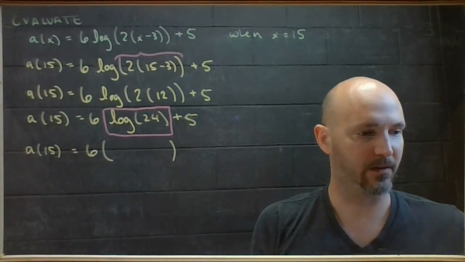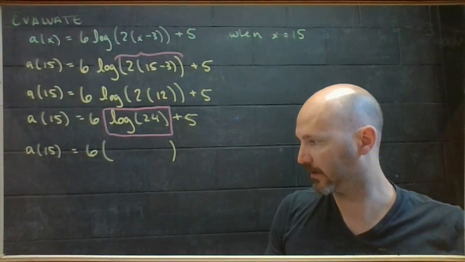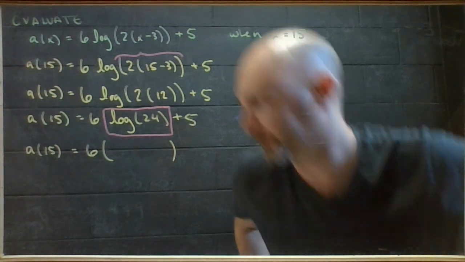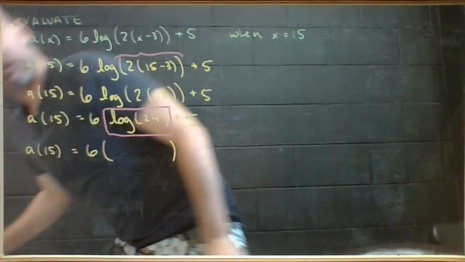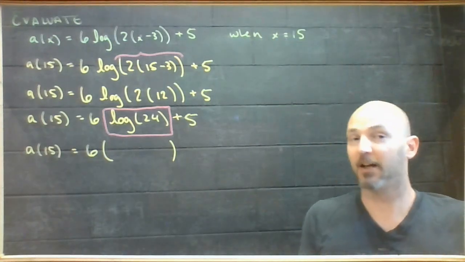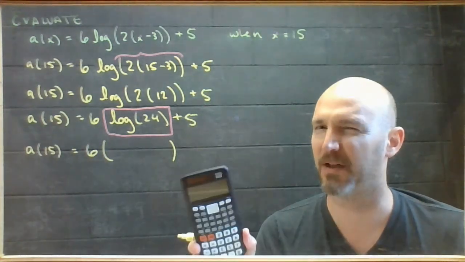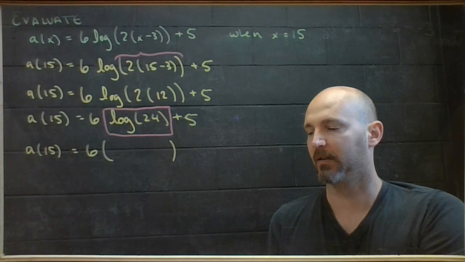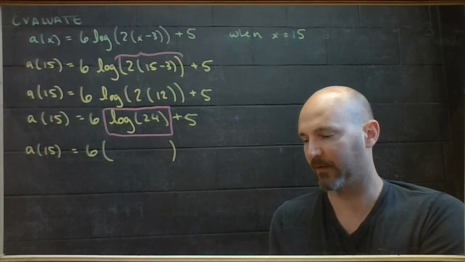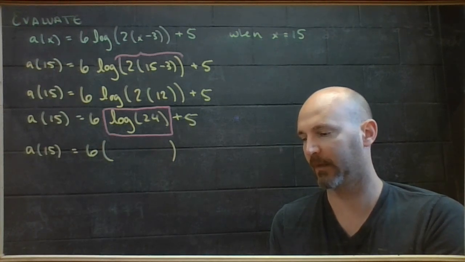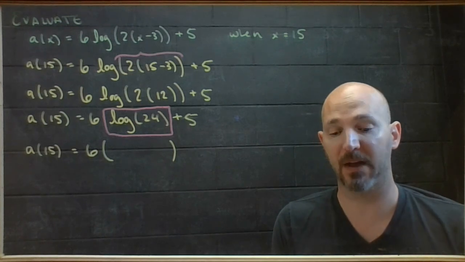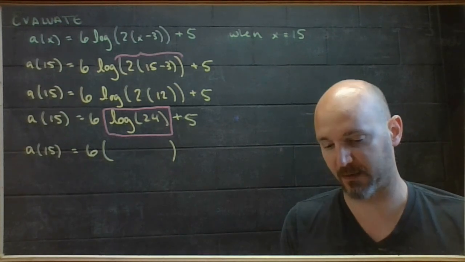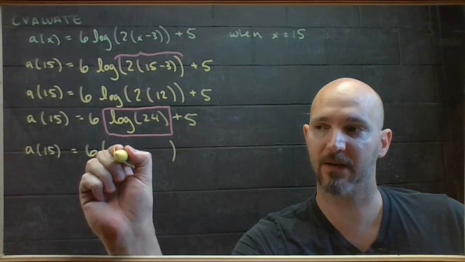So if I plug my machine here, which I've left somewhere else, not on me at all times, but near me at all times. Log of 24 comes out as 1.38 and a whole bunch of other decimals, but we're just going to keep 3 for now.